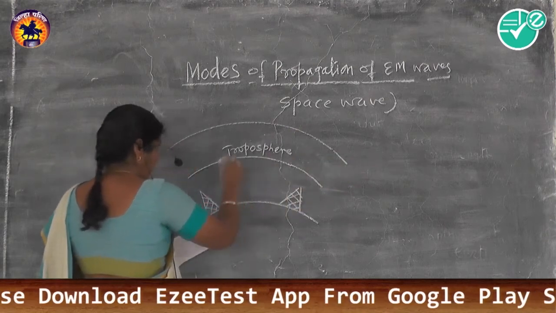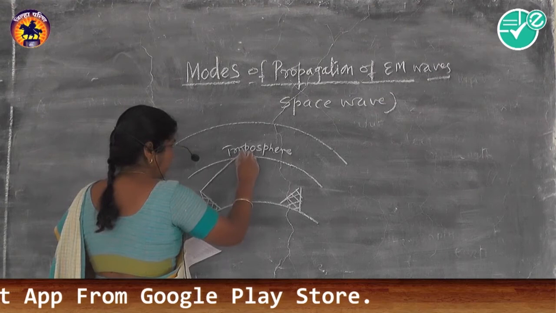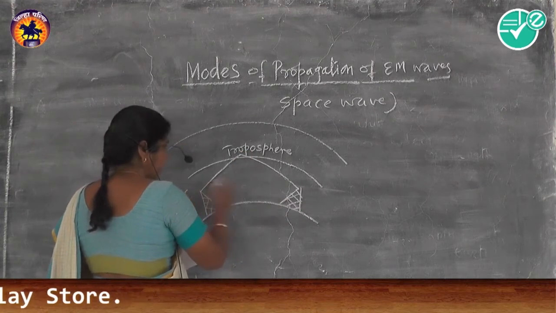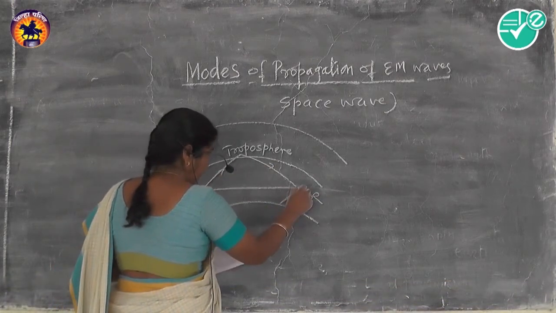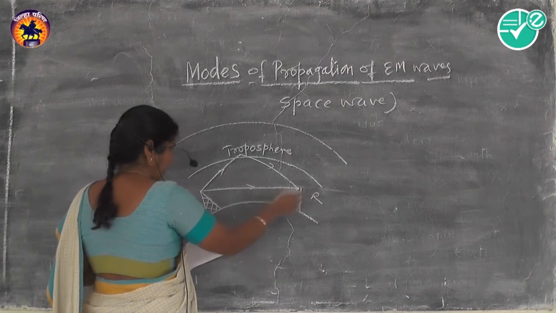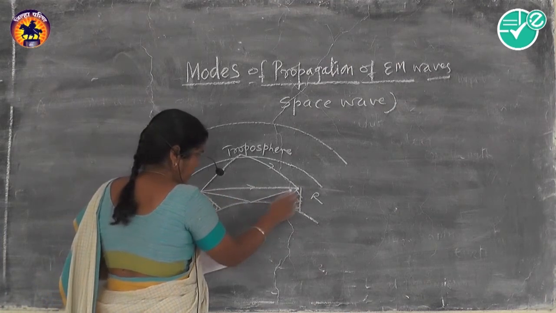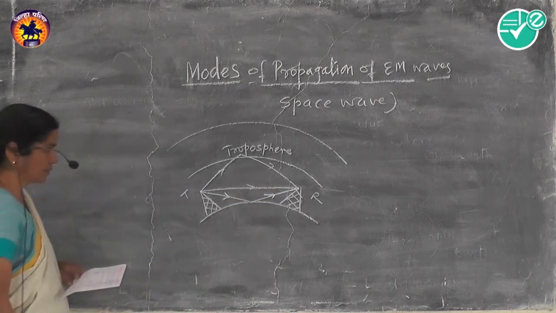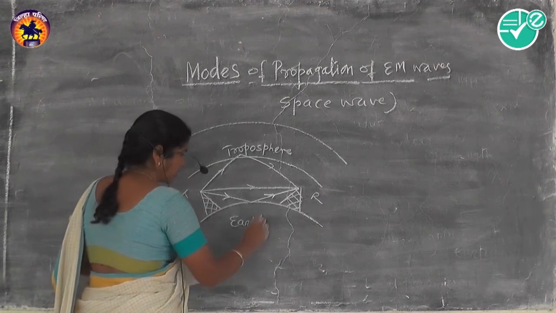The waves either are incident on the troposphere and come back to the receiver, or approach directly from transmitter to receiver, or are reflected from the ground surface. This is the Earth surface.